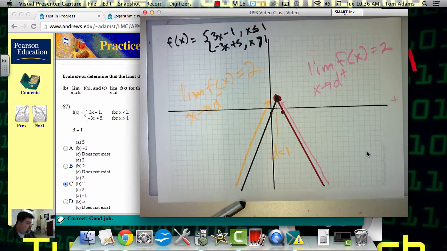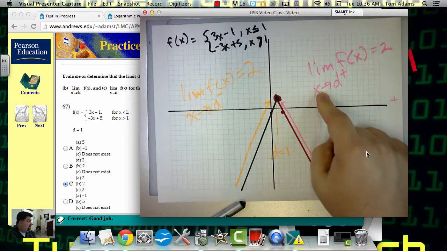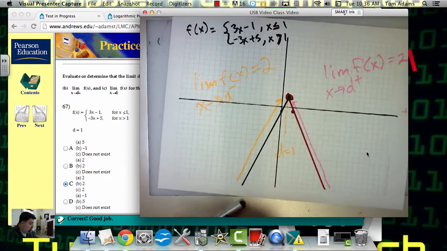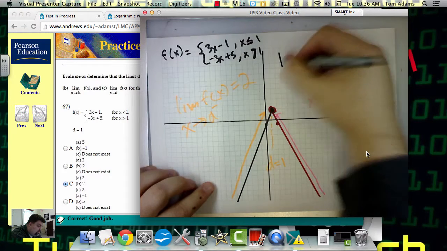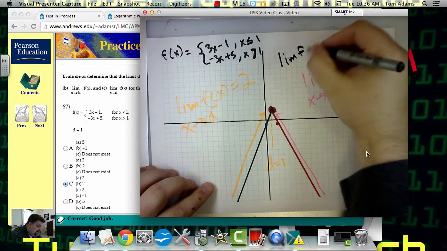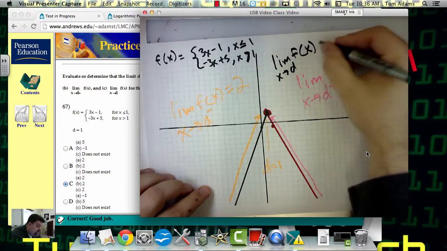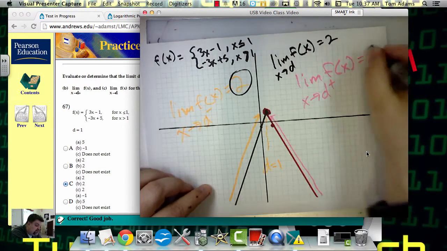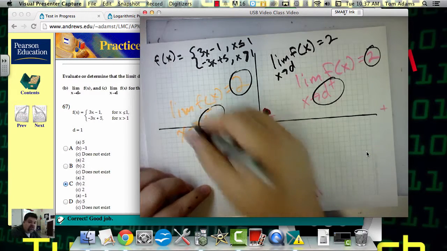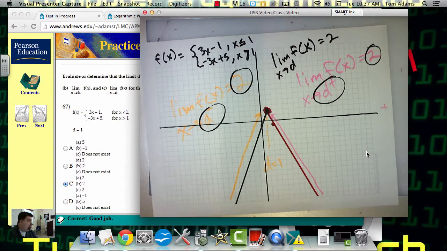Okay. And since the left-hand side equals the right-hand side, then the two-sided limit, which is part C, is going to be the same value. In other words, because those two are equal, the limit of f of x as x approaches d from both sides is going to be 2, because this was 2 and this was 2. So if they approach from both sides and it's not the same, is that when it does not exist?